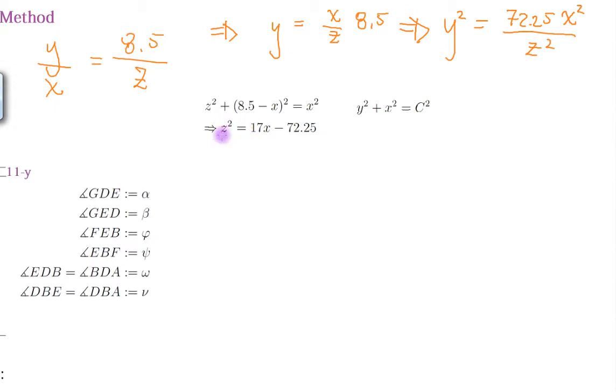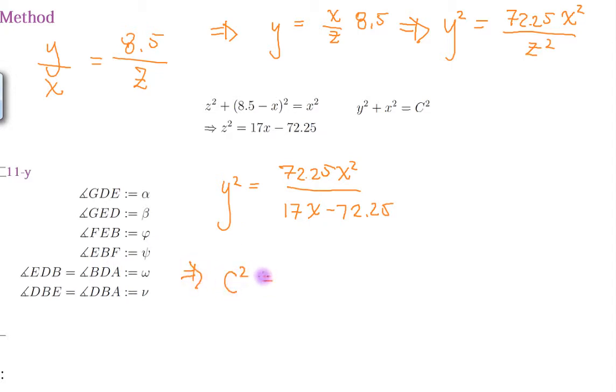So what do we have? If we substitute this one, we have that y squared equals 72.25 x squared divided by 17x minus 72.25. Now let's add them together. Let's substitute y squared into this equation.